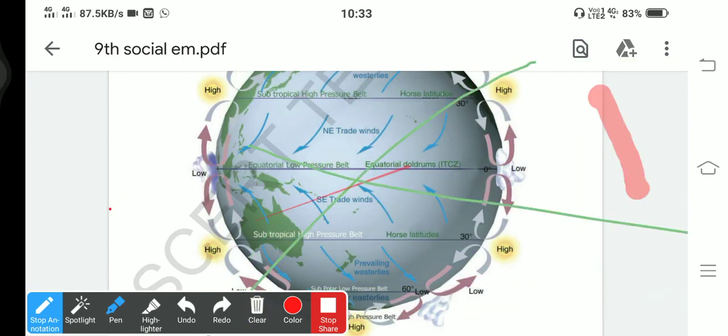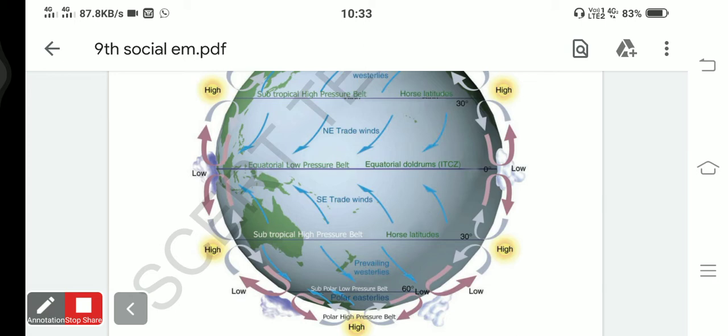Look, check. Yes, that is the northeast trade wind. The blue arrows which are shown here, those are northeast trade winds. So these trade winds blow from the subtropical high pressure belt to the equatorial low pressure belt. It is one type in planetary winds.